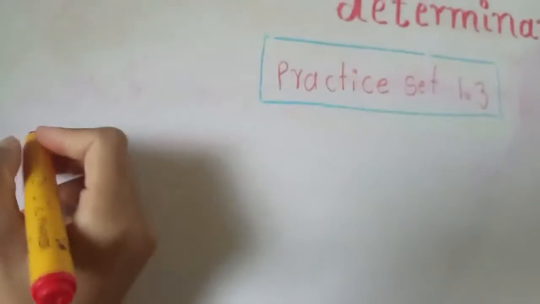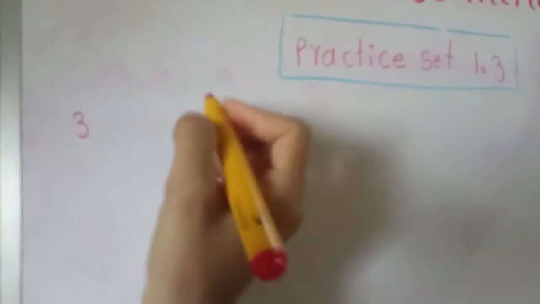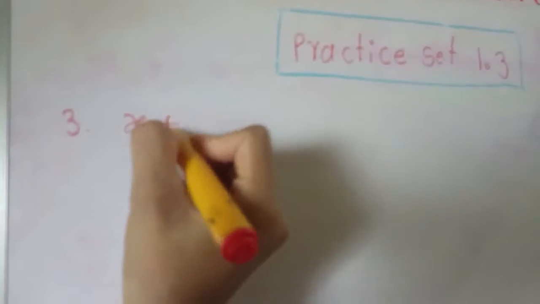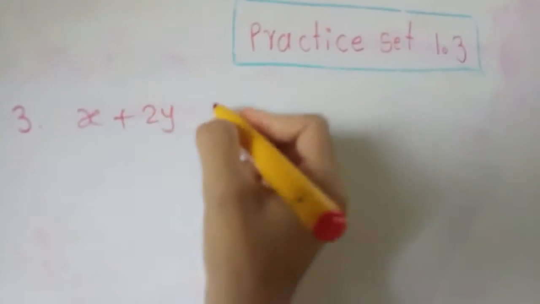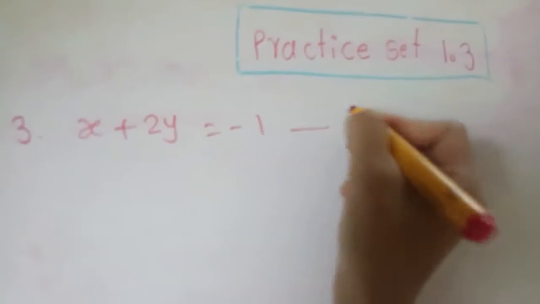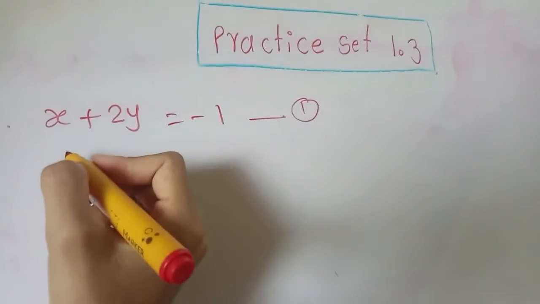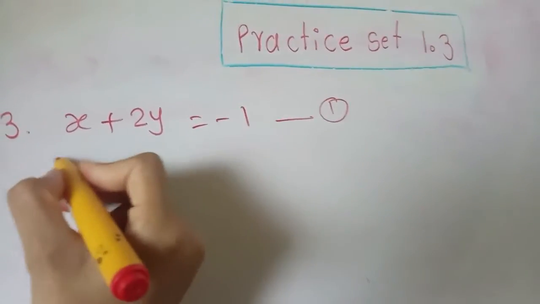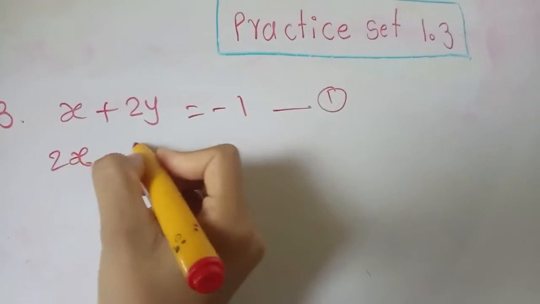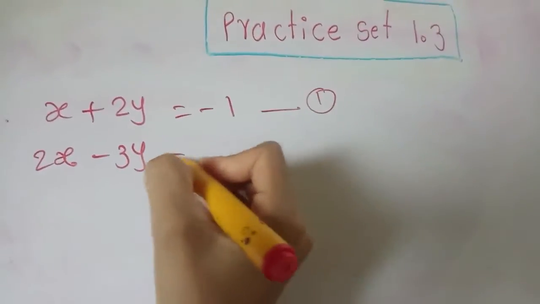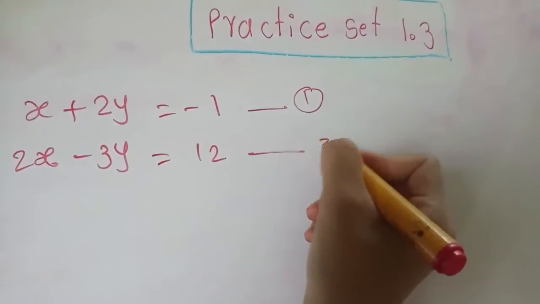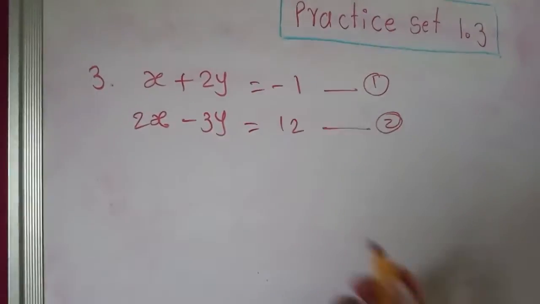Next question is third. x plus 2y is equals to minus 1. This is equation number first. And 2x minus 3y is equals to 12. This is equation number second.